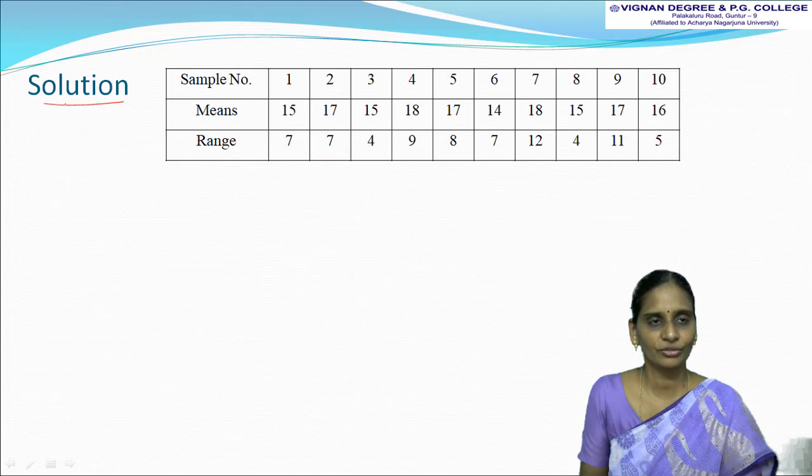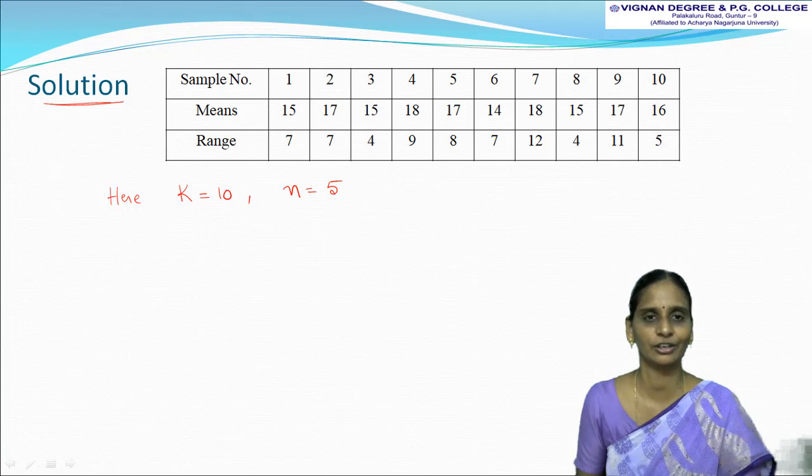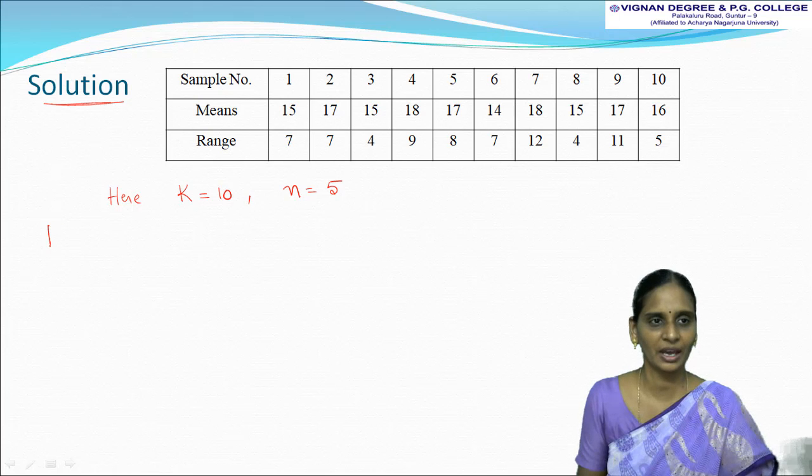Now the solution of this problem is, here we are given the number of samples, that is K is equal to 10 and size of each sample is 5, that is small n is equal to 5. From the above data, we get X double bar.